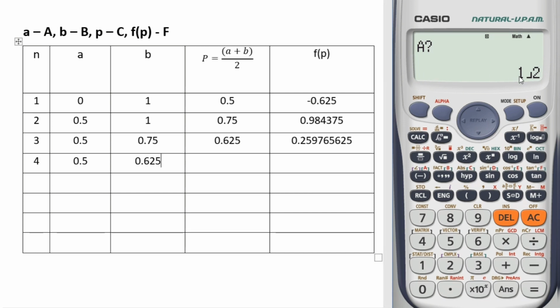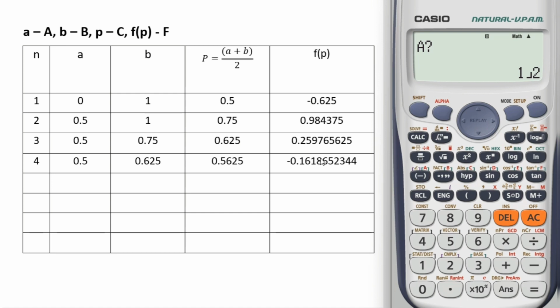We don't need to change A, but we change B with alpha C, and we have 0.5625. Again equal, we have a negative value, −0.1618652344.